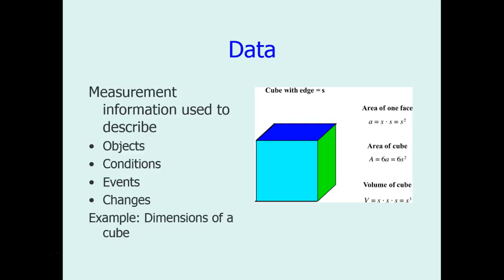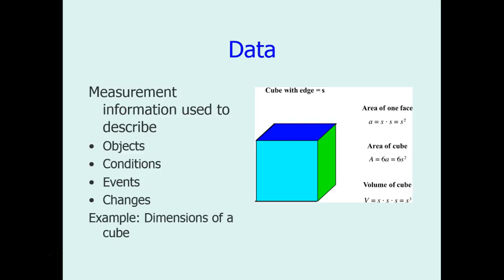How about miles per hour? That means how did you change your distance from home every hour you drove? That would be a change. One example is the dimensions of a cube. If each side is S, the area of one face would be S squared, 6 faces would be 6S squared, and the volume of the cube would be S times S times S, which is S cubed.